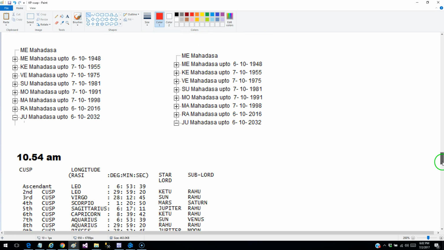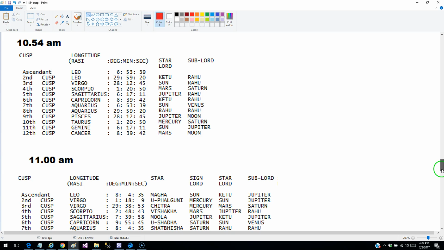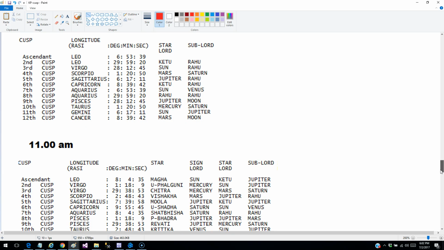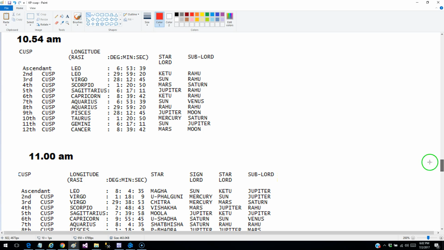But if you look at the cusps, then you find that at 10:54 the ascendant was in Leo, 6 degrees 53 minutes, and the sublord was Rahu. And at 11 a.m. the ascendant was 8 degrees 4 minutes, and now the sublord has become Jupiter.